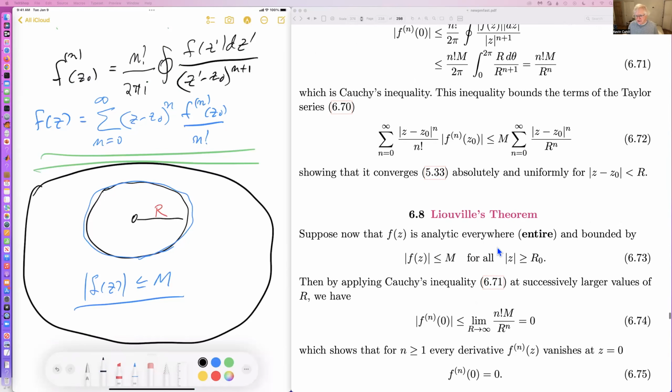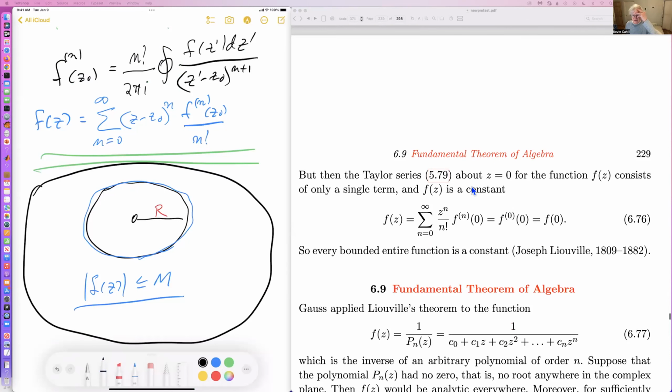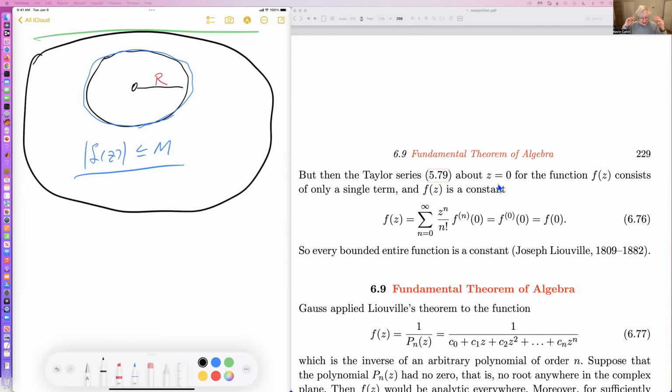And so now if we're saying that a function's analytic and bounded outside, for all z bigger than a certain circle, then we get this condition for arbitrary r. We send r to infinity and we get that the nth derivative is 0 except for the 0th derivative. So the conclusion is that every entire function that is everywhere bounded is a constant, or to put it differently, every function that's analytic everywhere and bounded everywhere must be a constant.